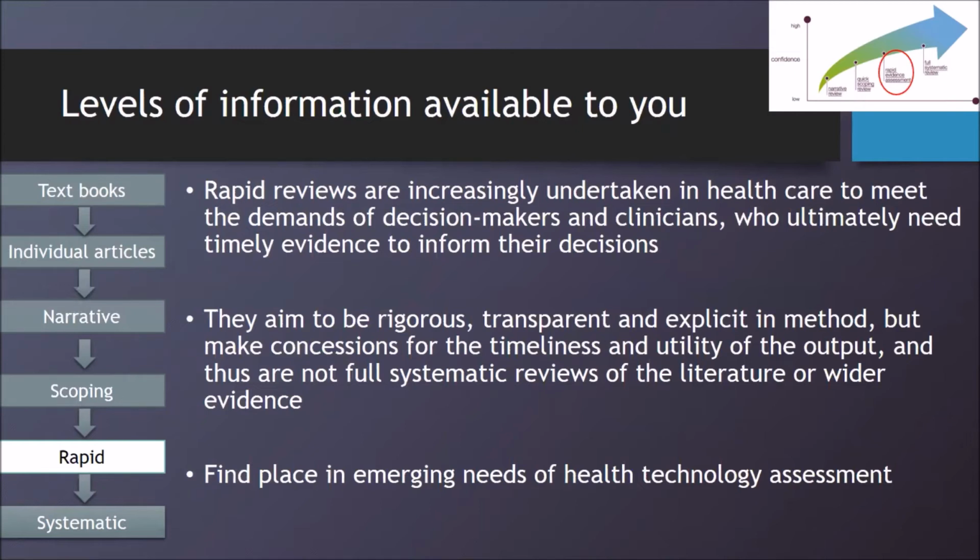That is, when a systematic review is performed, it may take years to get completed, and the conclusion will be available only after 3 to 4 years when any working group takes over it. But rapid reviews, since they compromise on timeliness, usually deliver information faster and provide evidence faster. And these are the kinds of reviews which find a place in emerging needs of health technology assessment. They are not full-scale systematic reviews though.